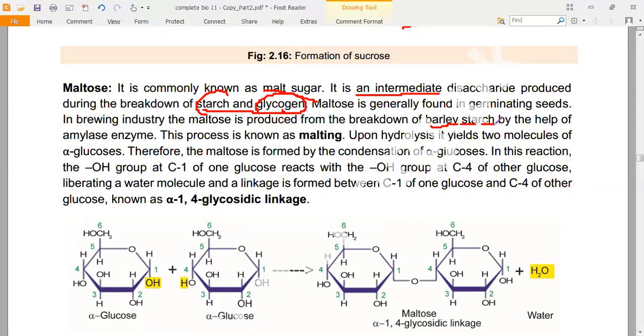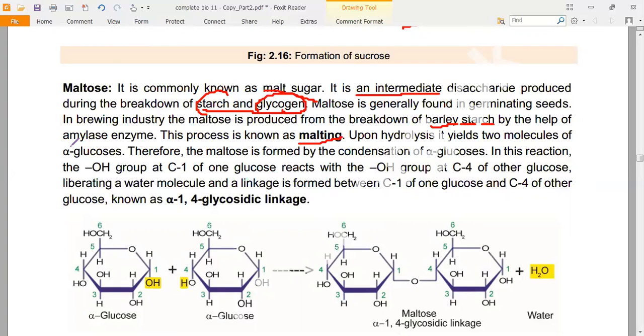Barley starch is used in the brewing industry for the production of alcohol, as well as for the malting process. This is because maltose is used in this process, so that's why it is called malting.